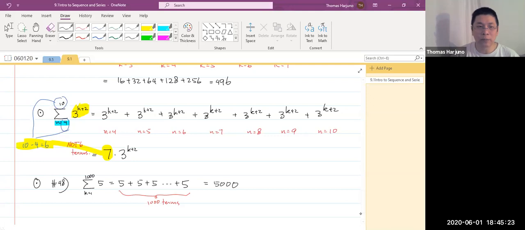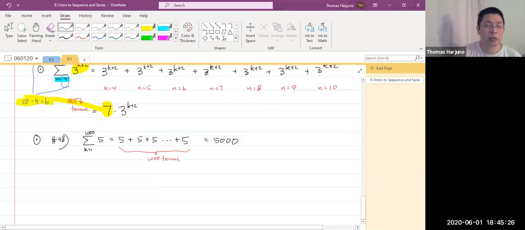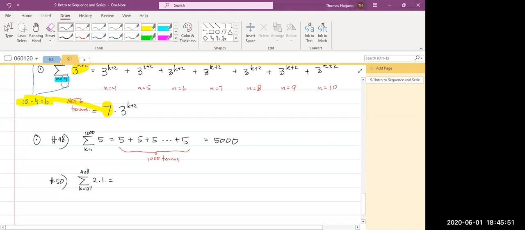Now, let's use this for question number 50. Question number 50 is actually quite similar. Number 50, the summation for k equals 137 up to 428 of 2.1. Now, can you tell me what's that? How many terms first? 292.